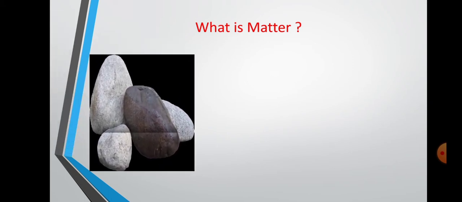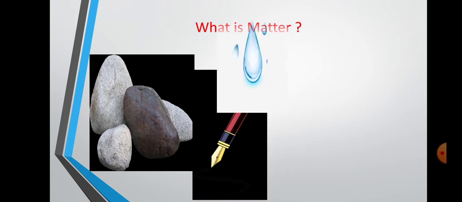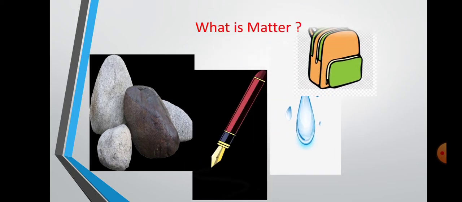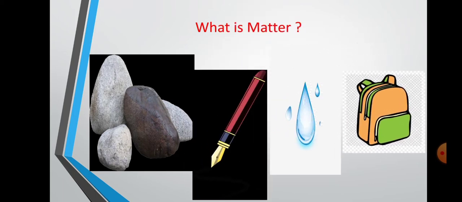Rocks, pen, water, and even your school bag are made of matter. But the question is, how do you define matter? Well, according to science, matter is defined as everything that has weight and takes up space.